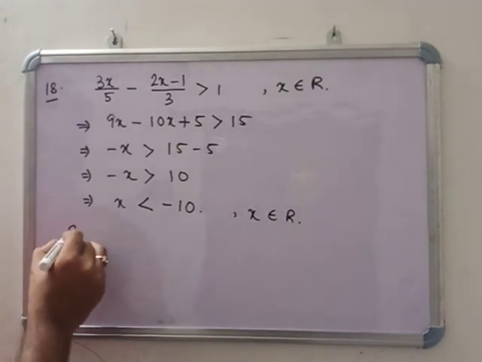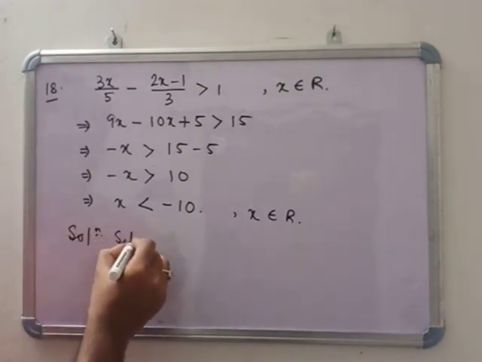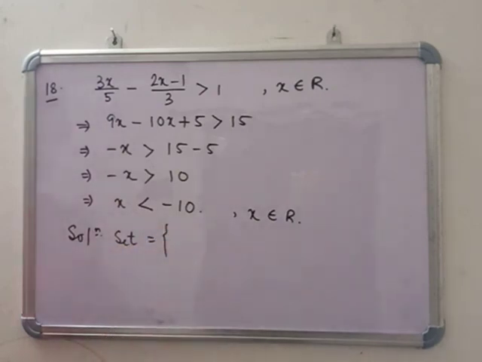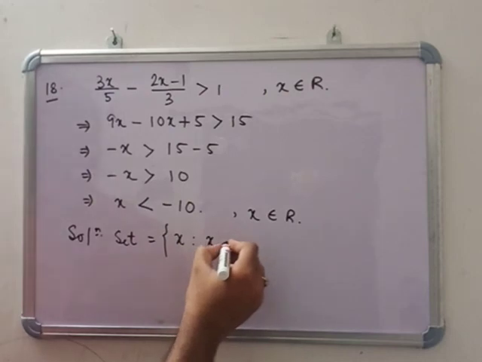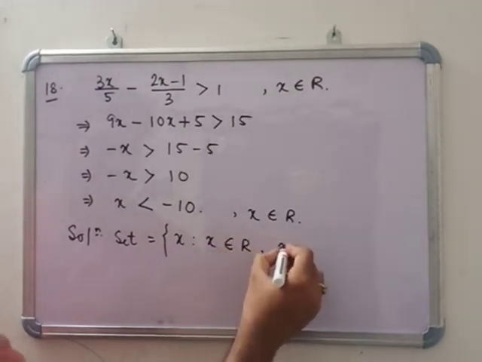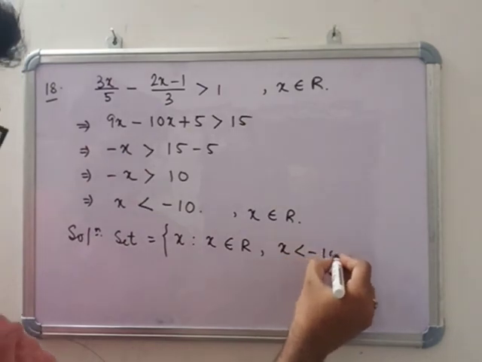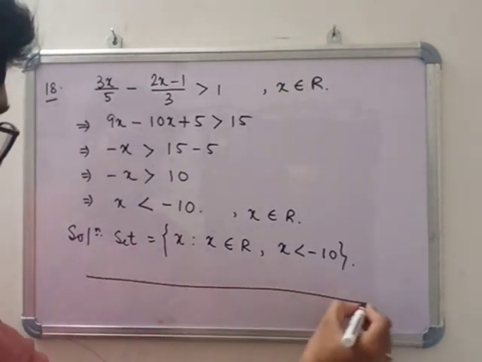The solution set is, we can write in this way also, x such that x belongs to R, x is less than minus 10. Okay, we can write in this way also. So the solution set on the number line we are representing now.